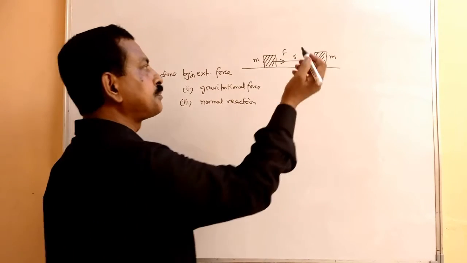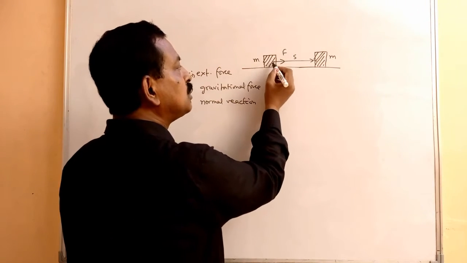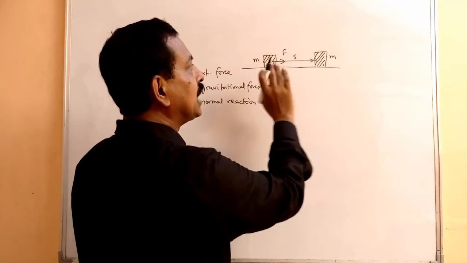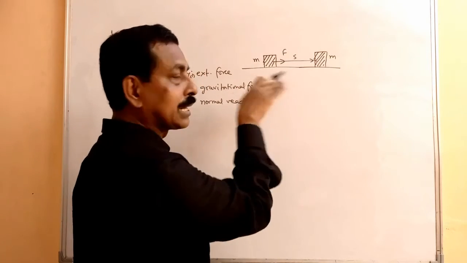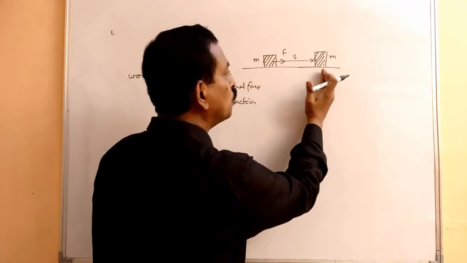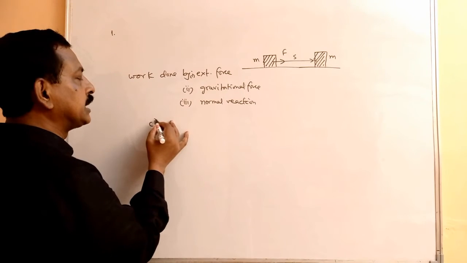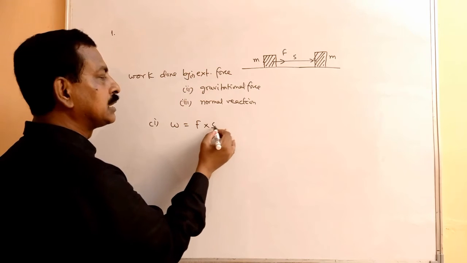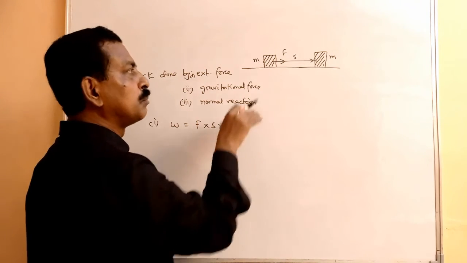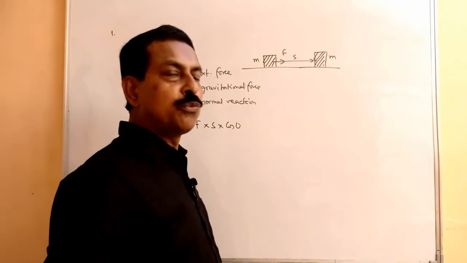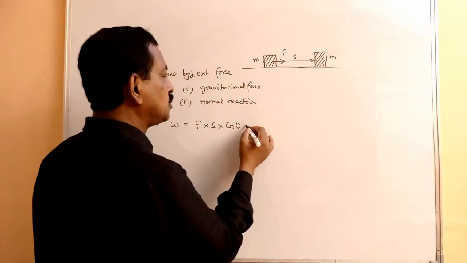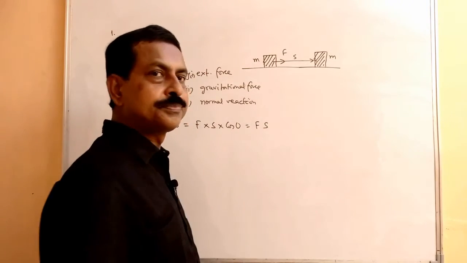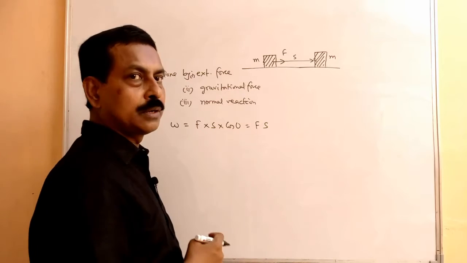So here, if the body is displaced through S and F is the force acting there, which has made the body move, in that case, for the first case, work done will be F into S into cos 0, because the direction of the force and displacement is the same, so it is Fs, because cos 0 is 1.